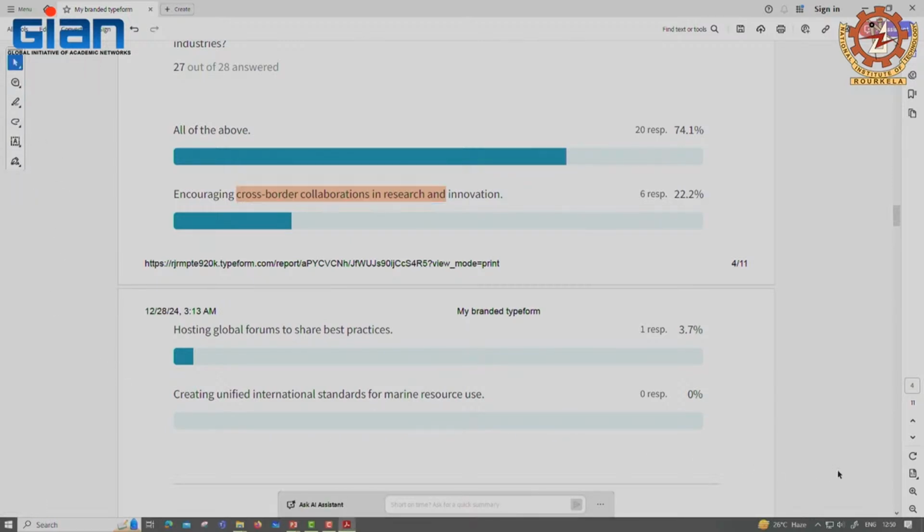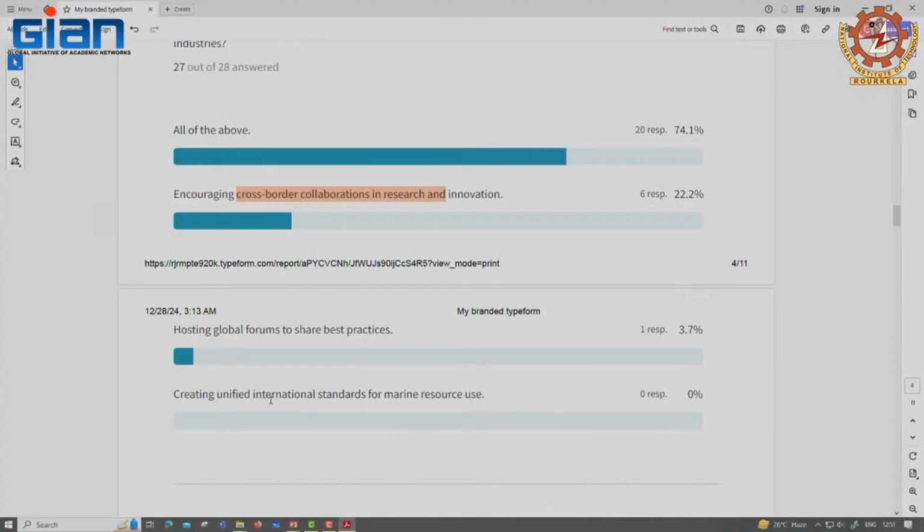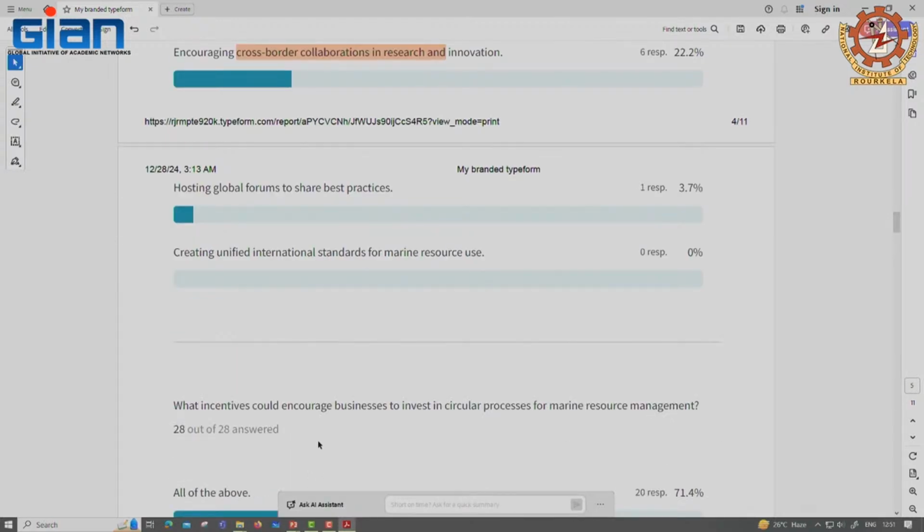For open access, it has to be paid either by government or by some agency. Then creating unified international standards for marine resources. Nobody accepted that, that's correct, but all of the above is very important, because the ocean is linked and connected. There is no ocean in isolation. So the bioplastic problem is a global problem. The microplastic problem is a global problem.